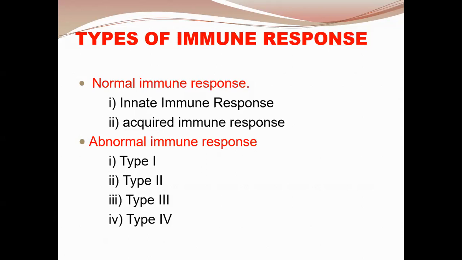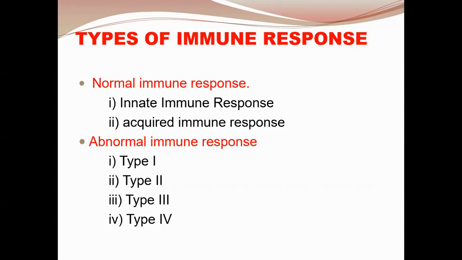Number one, the sensitization phase. So what is this sensitization phase? This is an initial encounter with an antigen. The sensitization phase is exactly an initial encounter with an antigen. Then the second phase is called the effector phase.